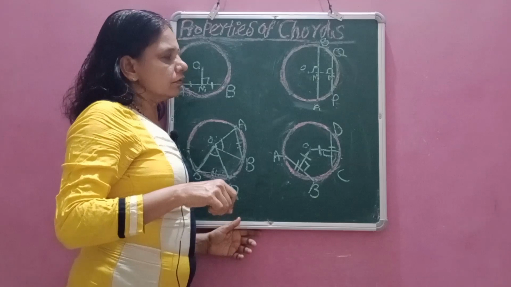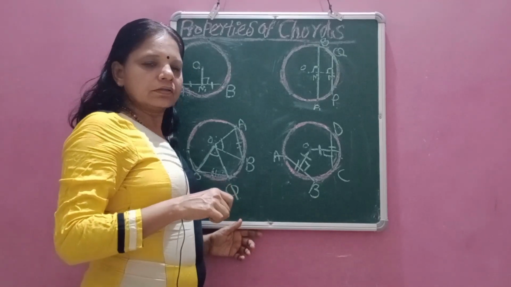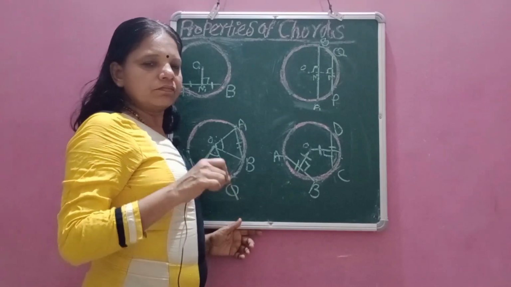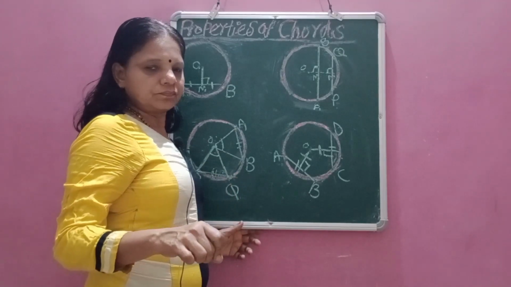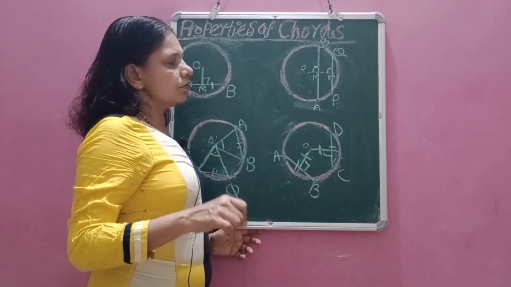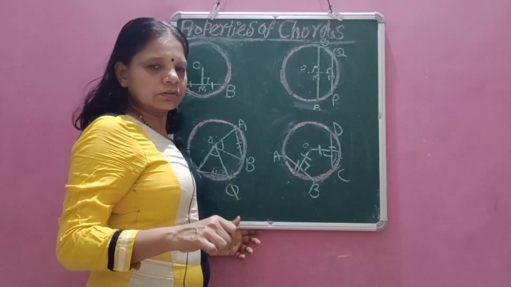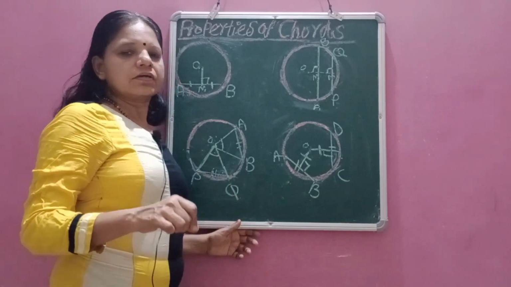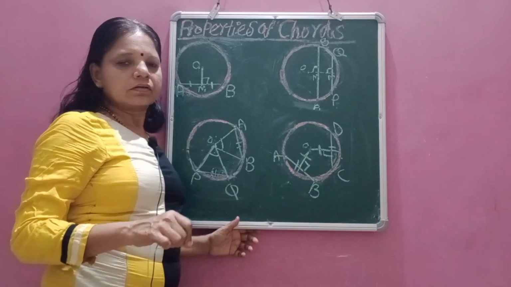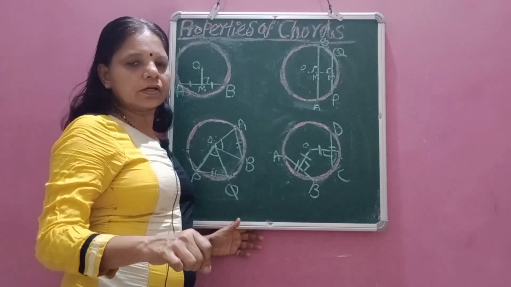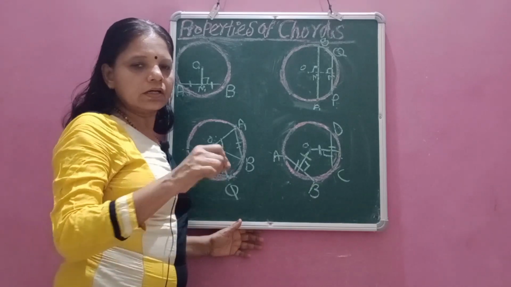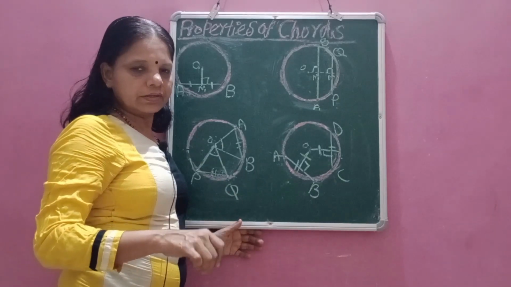Clear? When the length of the chord decreases, it goes away from the center. The distance from the center to the chord is greater for a smaller chord than for the larger chord. Clear?